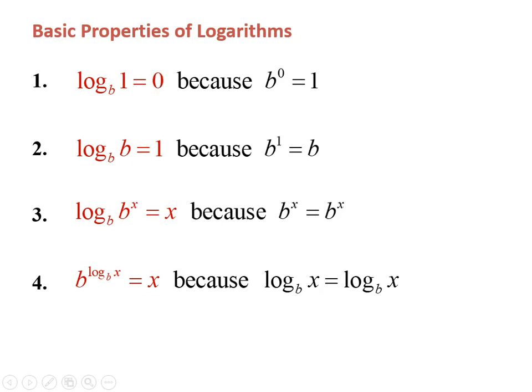Again, if you're looking at this and you can't necessarily remember the property, you can always switch the form. So whatever the base is to the 0 power, put the 0 with the b, equals 1, we know that's always true, that anything to the 0 power is 1.